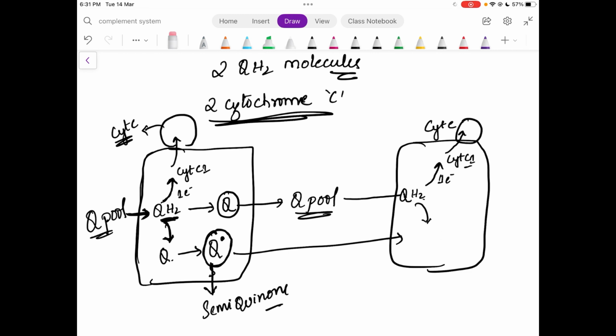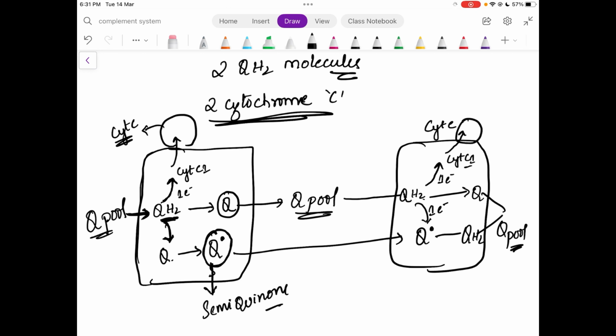Okay, this semiquinone Q will take up one more electron and two protons. This will become QH2, and you will get Q here, and they will both participate in the Q pool.